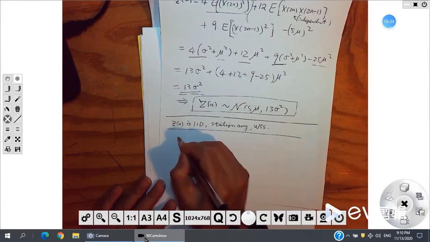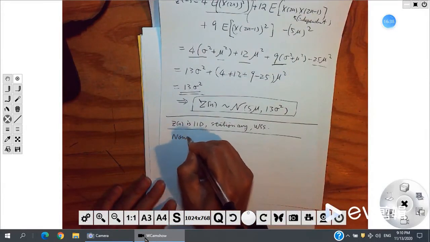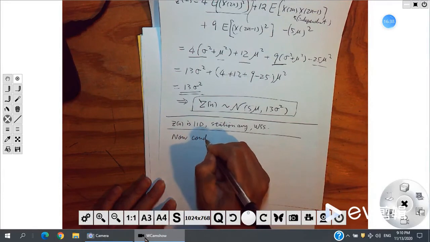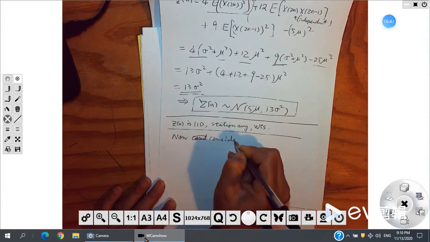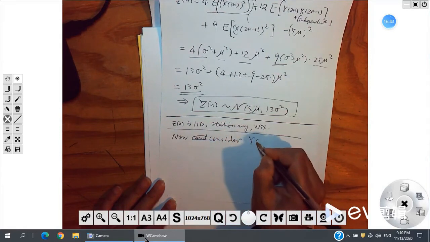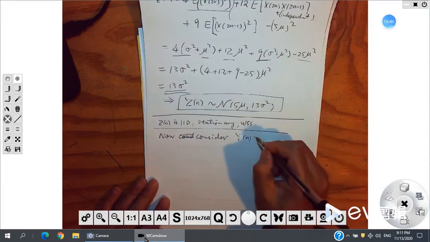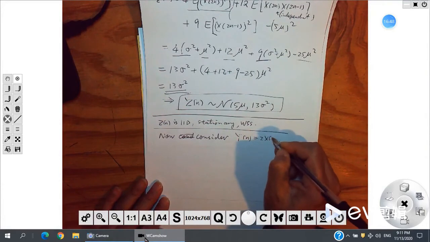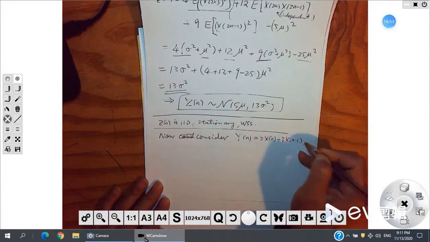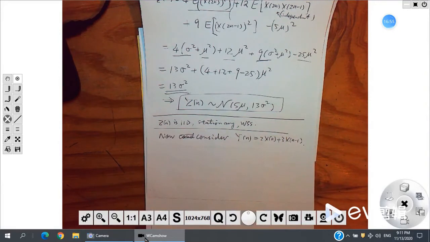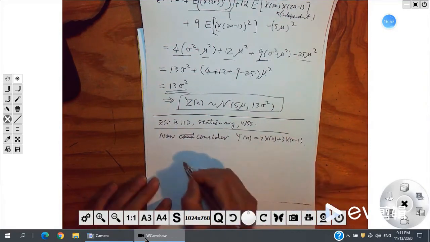Second case. Now consider Y of n, which is defined by 2 times X of n plus 3 times X of n minus 1. How do we get this one?